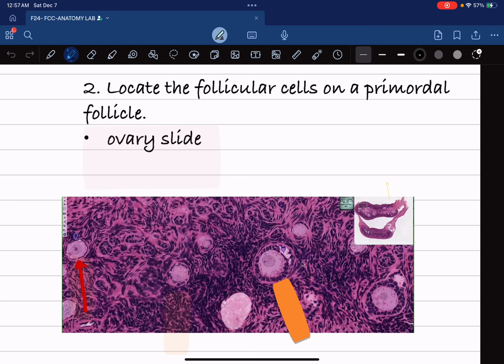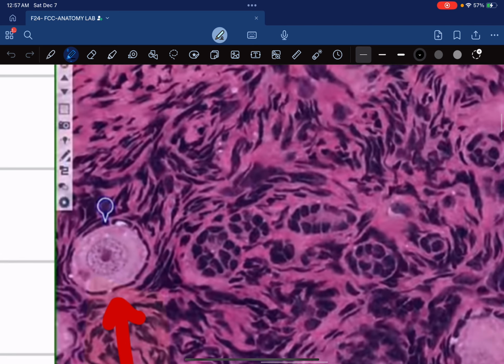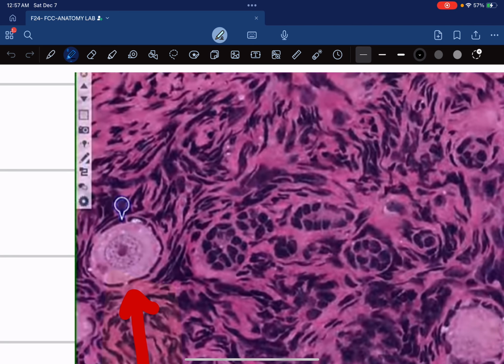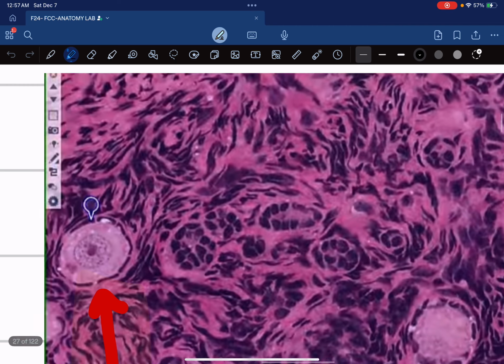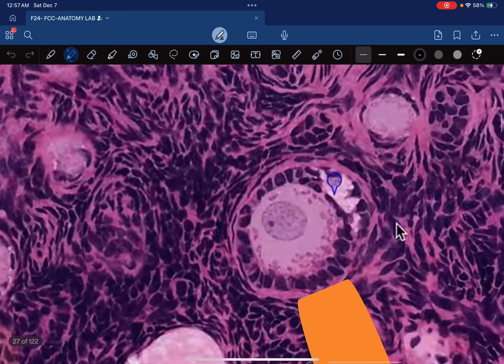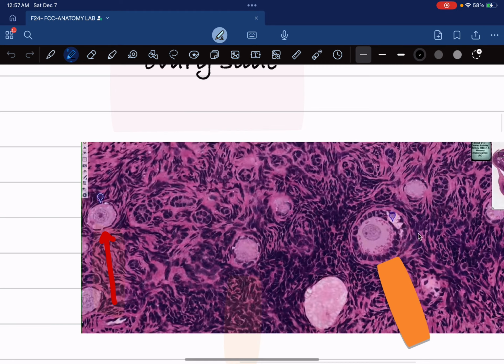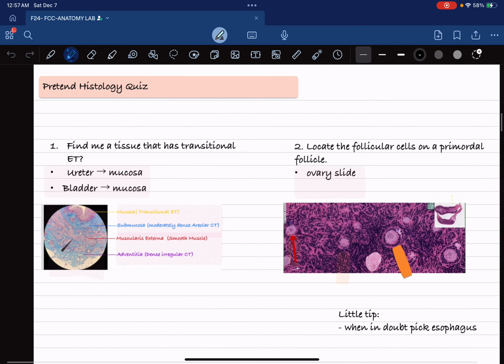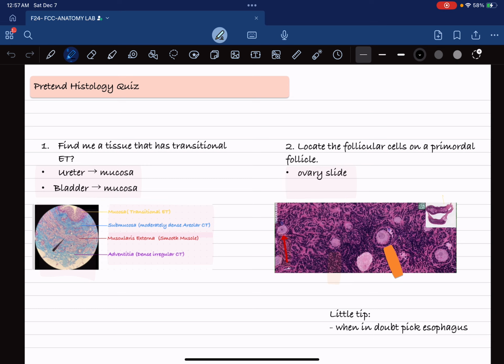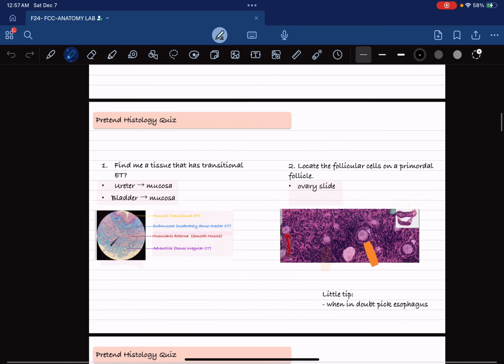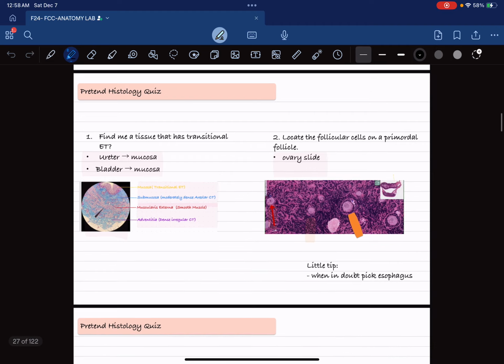If you guessed over here, you would be right. Those are the follicular cells located around the oocyte, and this one as well, you can see follicular cells because it's a single layer of follicular cells on the primordial follicle. Well, actually, this would be a secondary oocyte, but you get the gist.